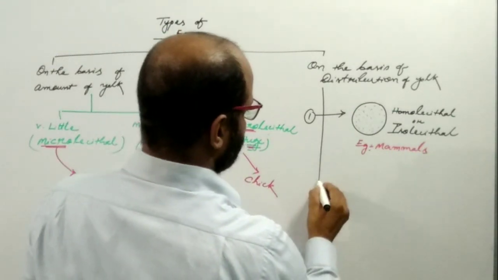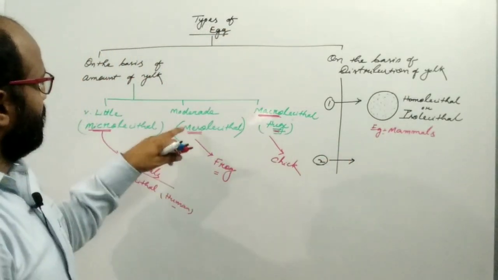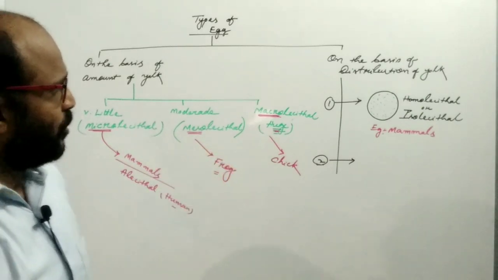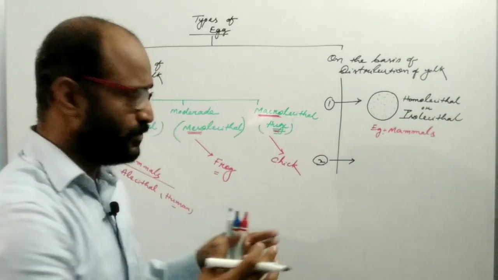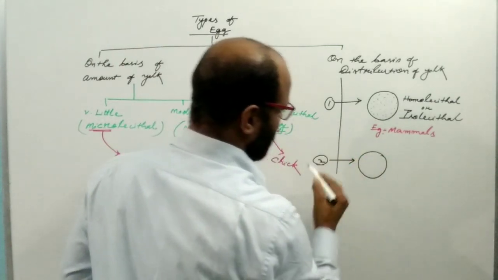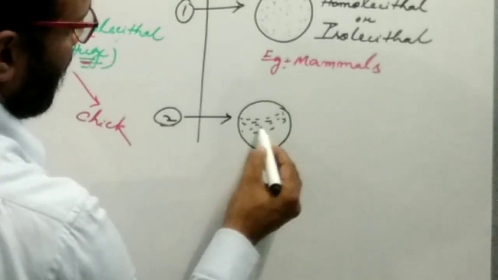But in case of the mesolecithal or macrolecithal egg, a huge or larger amount of yolk is present, and such yolk is distributed unequally.